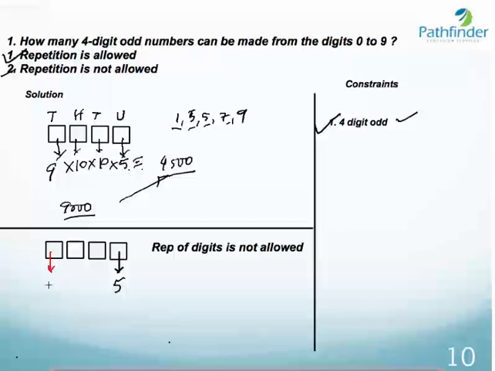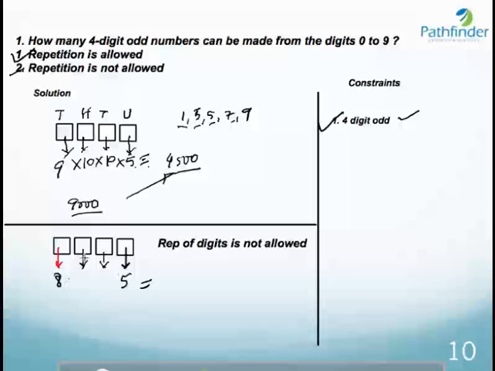And therefore, the number of choices could be 9. But 0 also is one of the remaining numbers, and we cannot have 0 at the thousandth place. So the total number of digits that we can fill at the thousandth place is 8. What about the hundredths place?